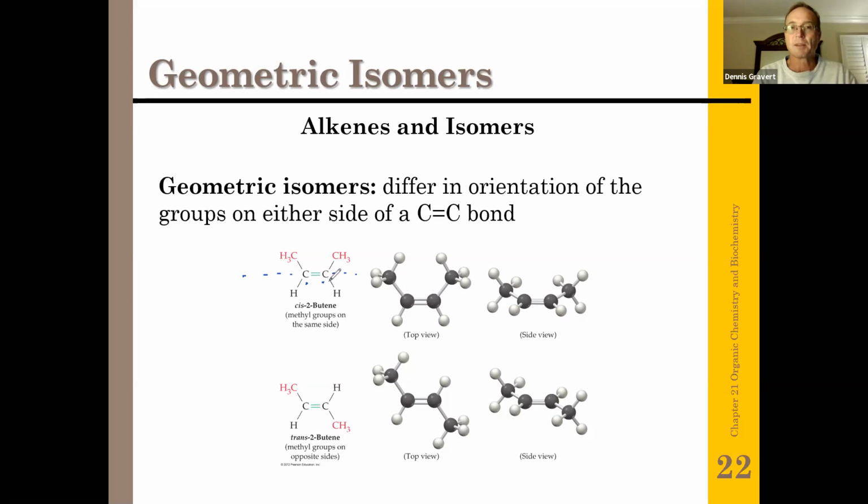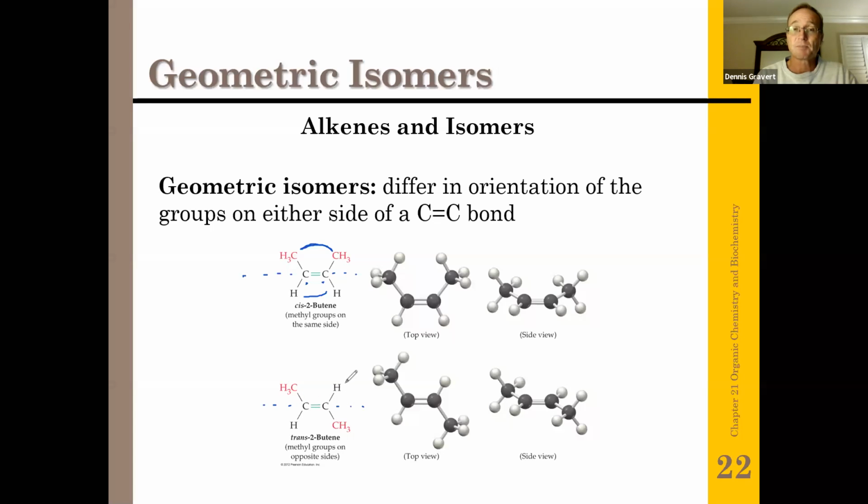And on the other carbon of the double bond, there's a methyl group up above and another hydrogen. The 2 hydrogens, the 2 identical groups, are on the same side. You could say the 2 identical methyl groups are on the same side above. And that's a different molecule than when the methyls are across a double bond or the hydrogens are located across a double bond.